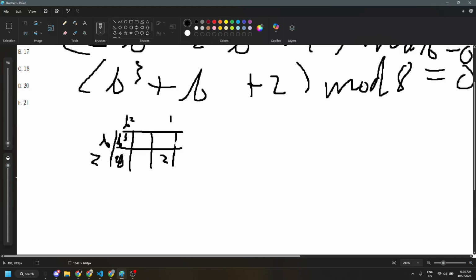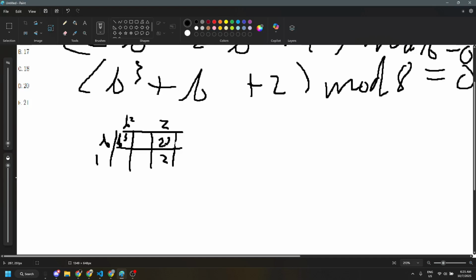So 2b squared, and then here I get b. So for b to be 1, this has to be 0, and then this has to be 0, so that doesn't work. Let's try when this is 2 and this is 1.